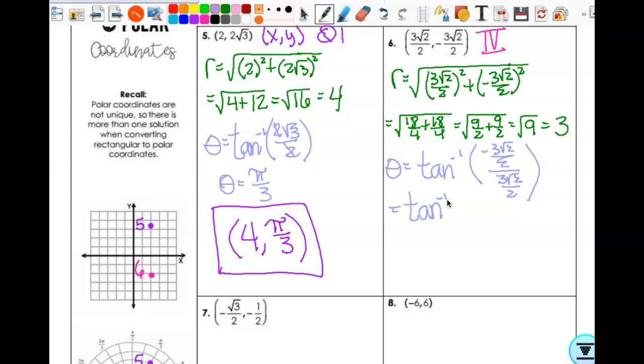You got the same thing in the numerator and denominator, so I'm doing the tangent inverse of negative 1. Okay? What is the tangent inverse of 1? Pi over 4. What quadrant do I want to be in? 4th. What's my 4th quadrant pi over 4 angle? 7 pi over 4. So that's the angle that I want. Okay? Does that make sense? So then my point is at 3, 7 pi over 4.